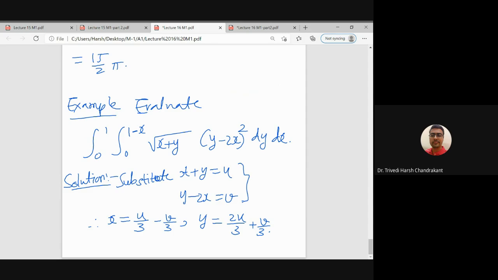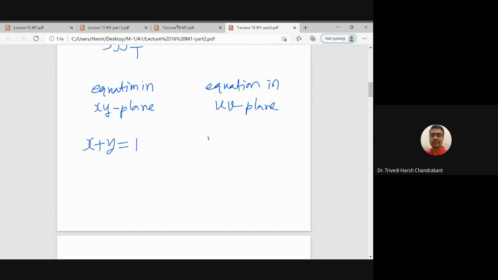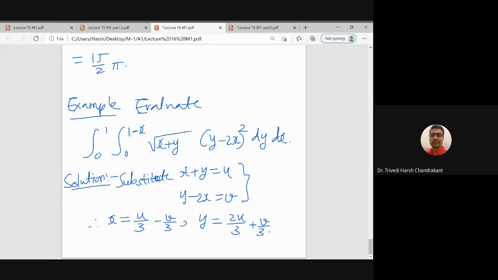So whenever we take x plus y, we get u only, right? The sum of x plus y is u. So x plus y equals 1 will become u equals 1. Similarly, x equals 0 gives us this term is 0, which means we have the equation u equals v.